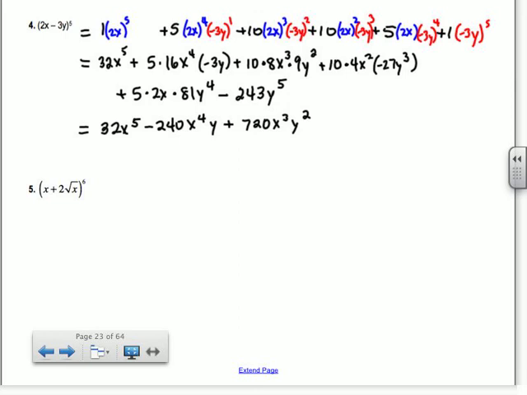Negative 27 times 4 times 10, so negative 1080x squared y cubed. 5 times 2 is 10 times 81, so 810. So plus 810xy to the 4th minus 243y to the 5th. That's your answer.